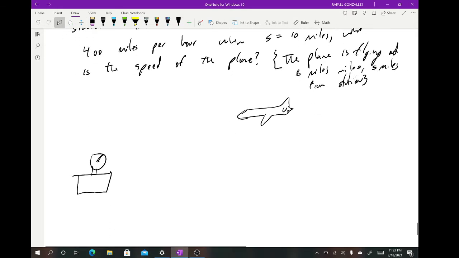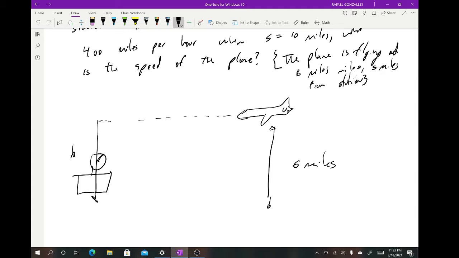Good. So what I mean by that is the following. This plane is at a height of 6 miles. So that means that when it reaches the station, when it's right above it, it's still going to be up 6 miles.